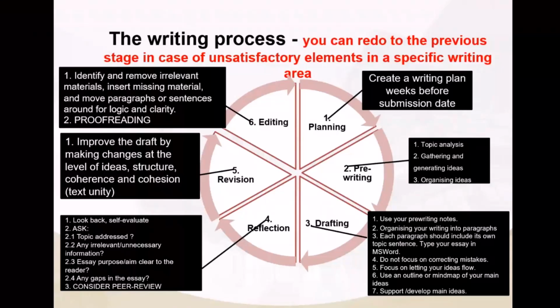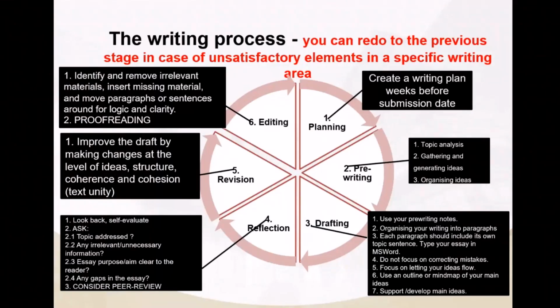We start at number 1, planning. What do we do in the planning? This is the writing process for an expository or argumentative essay. You start by planning. Where you have a writing plan weeks before the submission. In other words, you time yourself: by when should I have my drafts, and by when should I be done in order to submit my final.